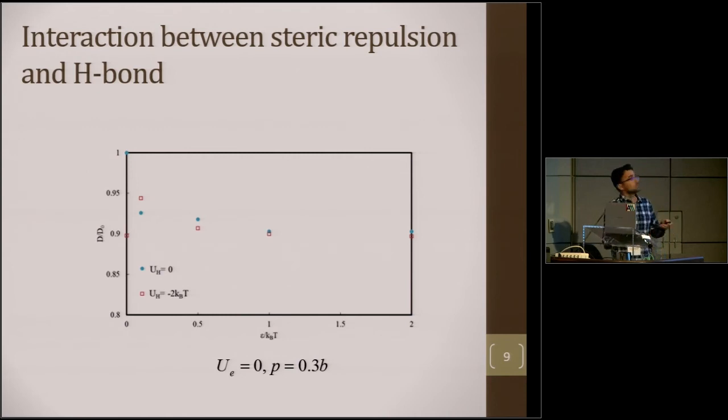Then we excluded electrostatic interaction and we considered a steric repulsion and H-bond. And similarly, we obtained a non-monotonic behavior here.